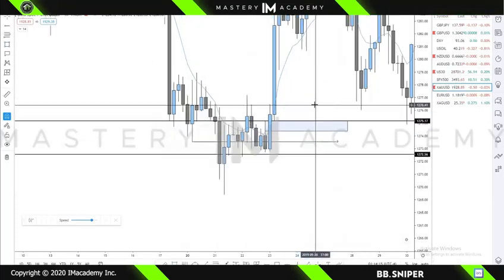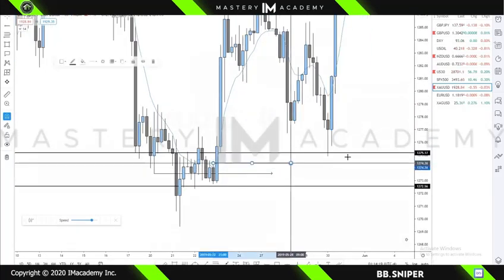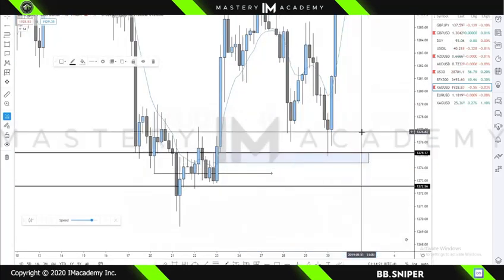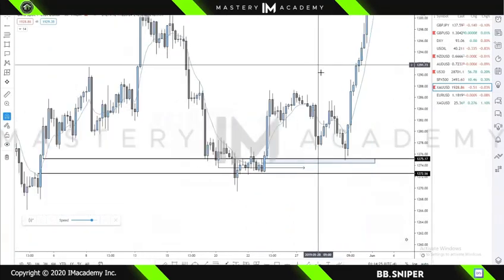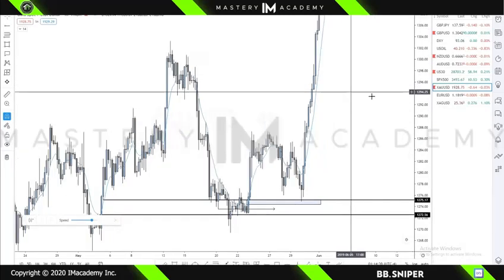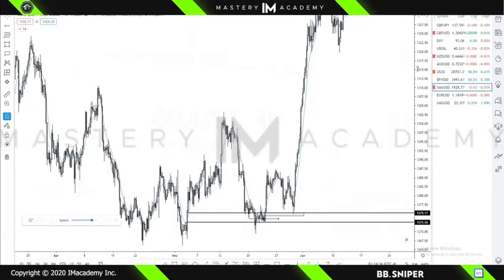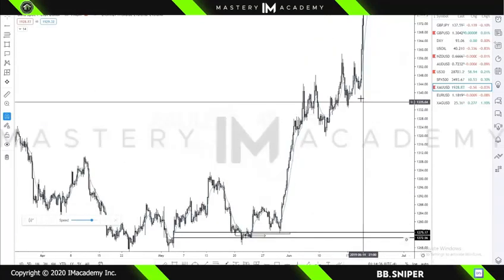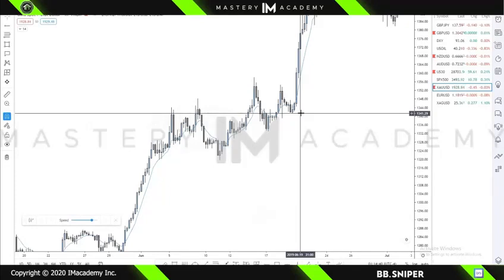So that has three or more. Highest probability institutional candle. The move that we got from this was massive. And I was honored to be able to take part in that.